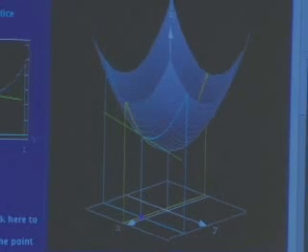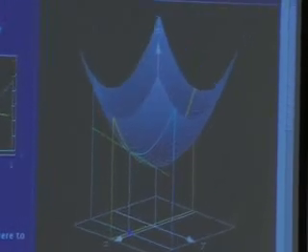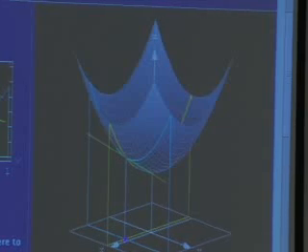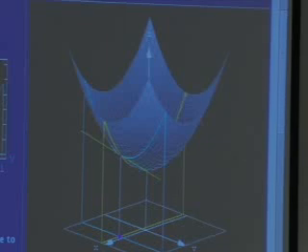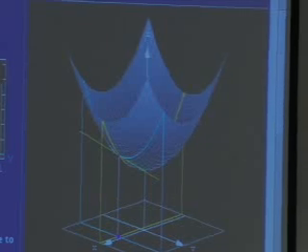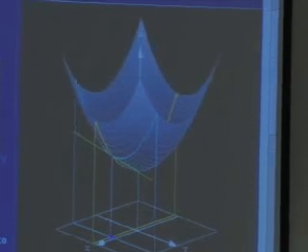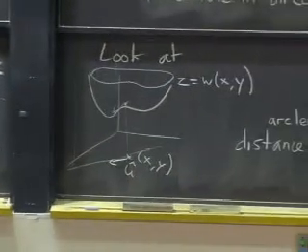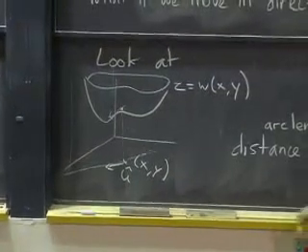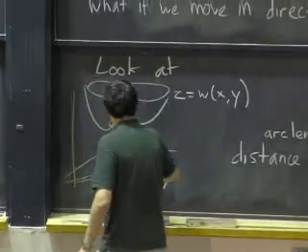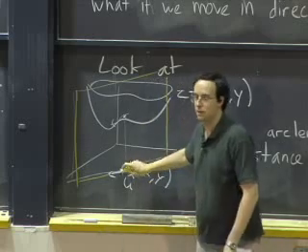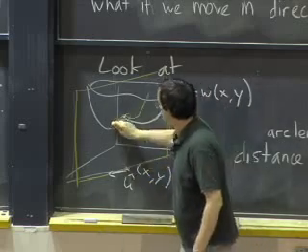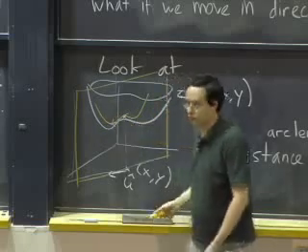Now, similarly, the directional derivative means slicing our graph by a vertical plane in the direction of this vector u, and looking at the slope of the slice of the graph.